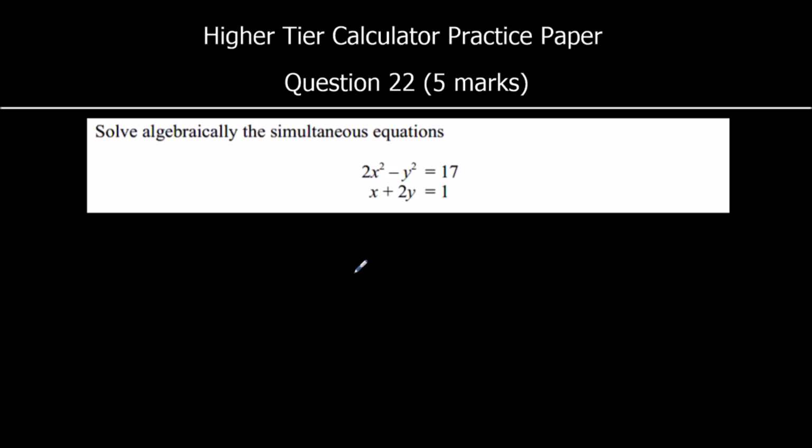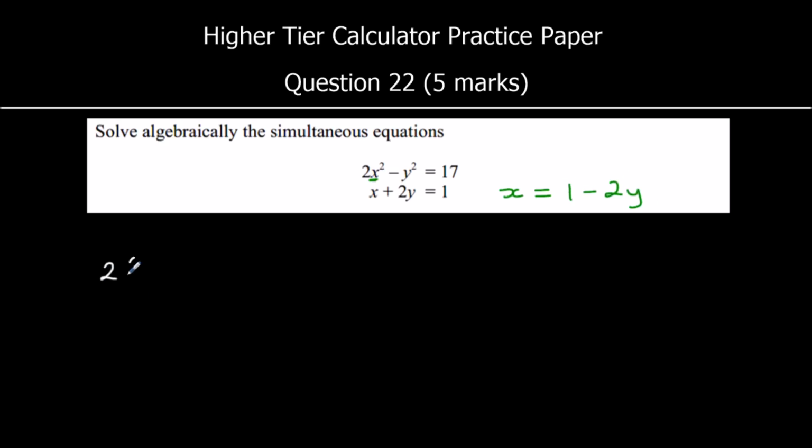So we can make our linear one, our bottom one, either x equals or y equals. So if we take away 2y from both sides, we can say x is equal to 1 minus 2y. And then we can substitute that in for x. So we can get rid of x by substituting in 1 minus 2y.